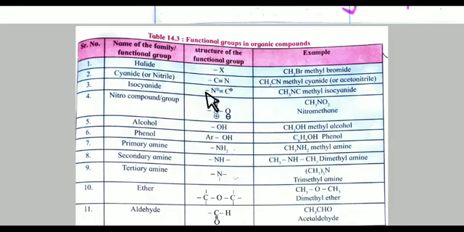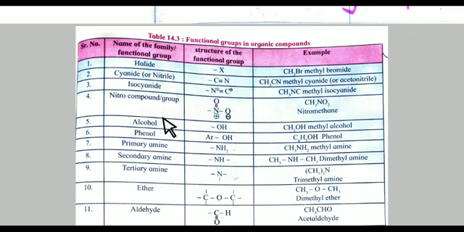If you reverse the atoms, meaning in place of CN you use NC, it is isocyanide, N triple bond C. Here we use CH3NC, so it is methyl isocyanide. In this way, you can classify organic compounds on the basis of functional group.